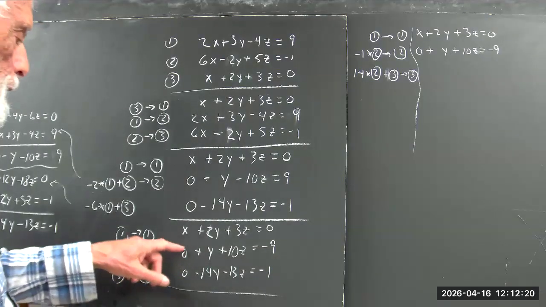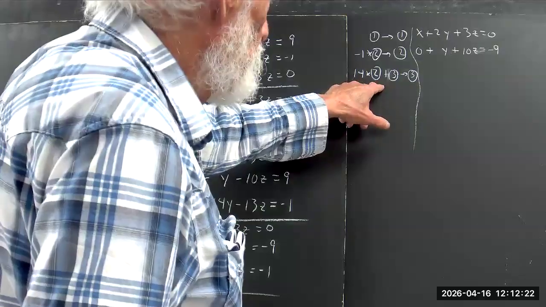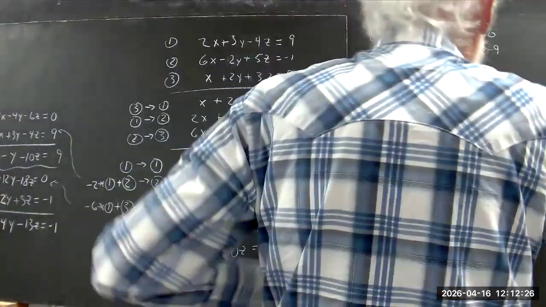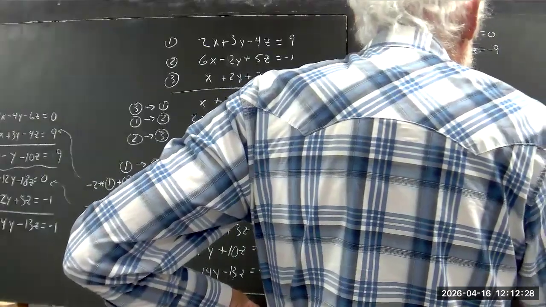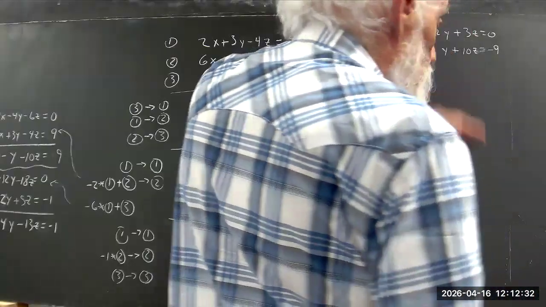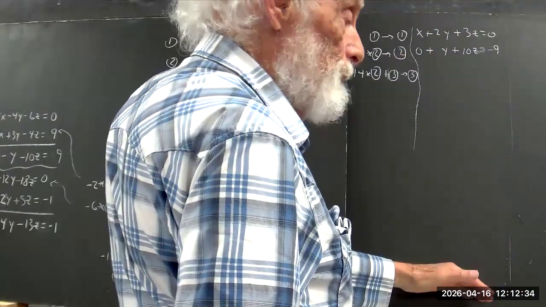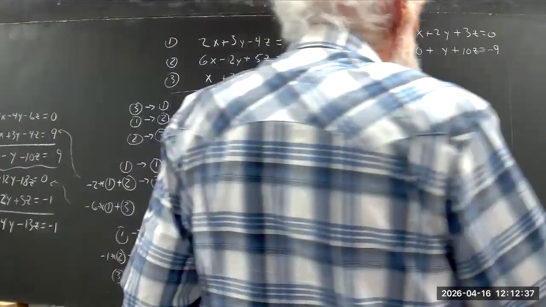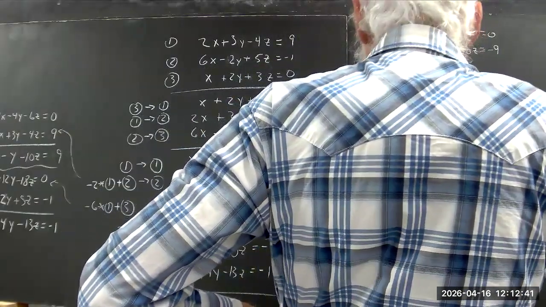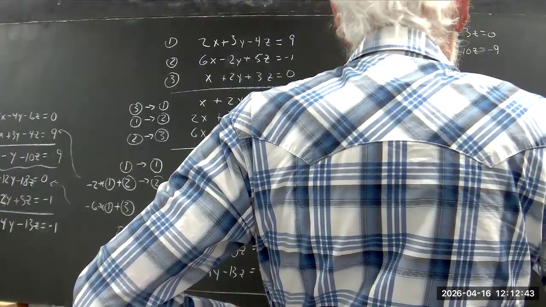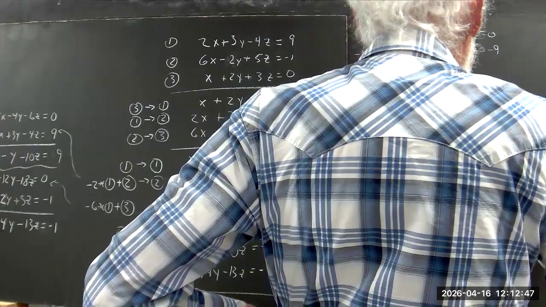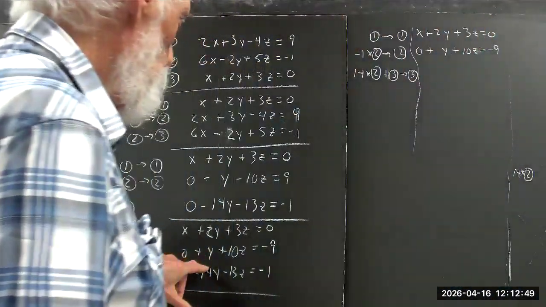Okay, so let's look at adding 14 times equation 2 to equation 3. I'm going to do that down here, not in the column that I'm going to get when I do these operations. I'm going to say, okay, 14 times my old equation 2.